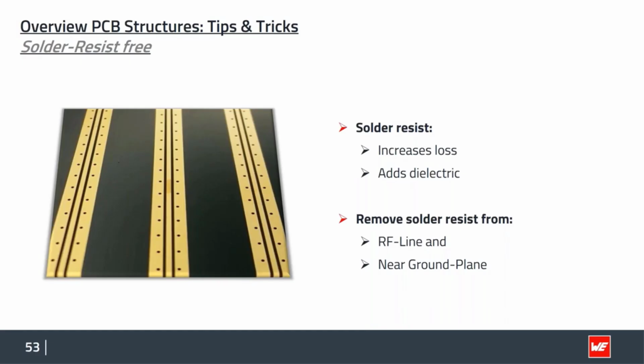Why? Because it adds additional dielectric. The solder resist has a different epsilon R than the FR4 material has, so we will have field conversions at this point, and we have mismatches. And the other thing is that the solder resist is never really even.